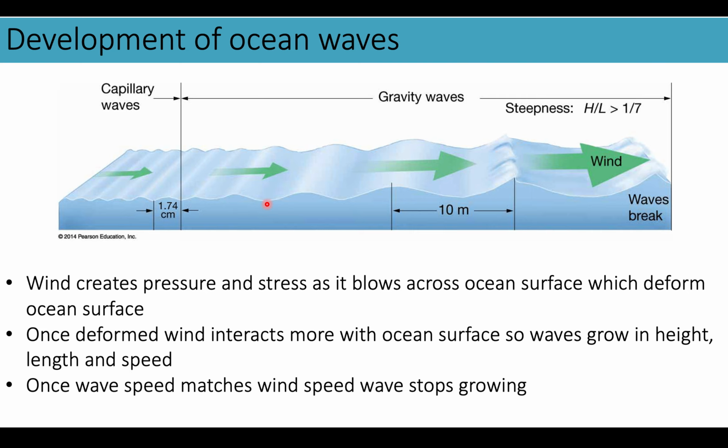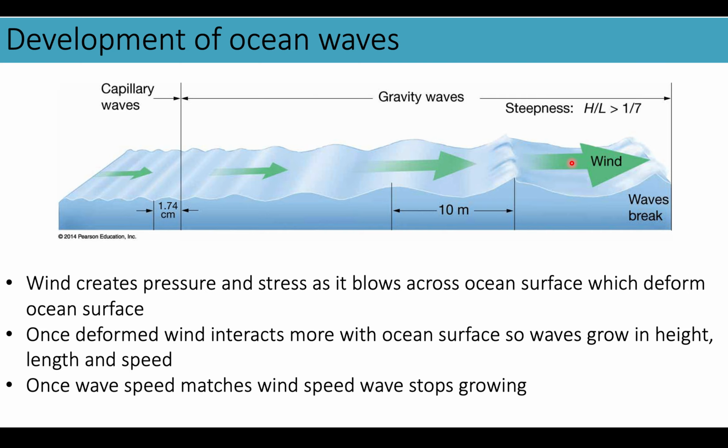So the wind will just continue increasing the size of the wave. The waves are going to get bigger. The waves are going to grow in height. They're also going to get more spread out. So the wavelength will increase, and generally the speed will also increase. Once the wave speed actually matches the speed of the wind, the wave's going to stop growing, because the wind isn't pushing it any longer.